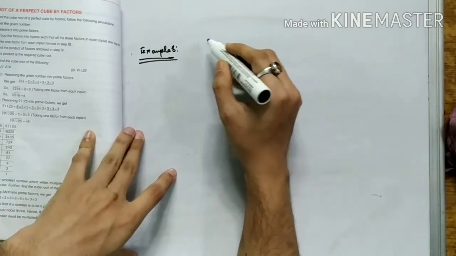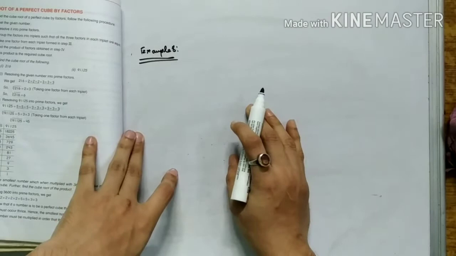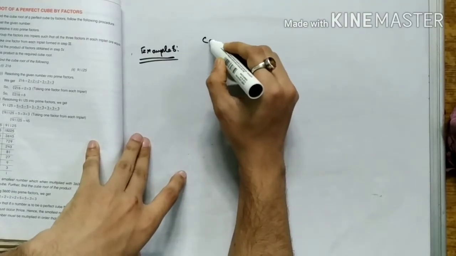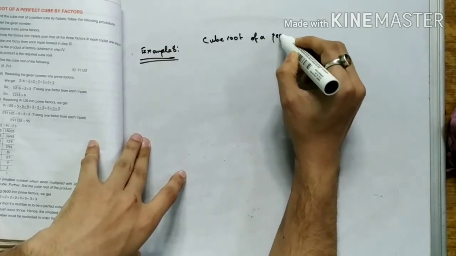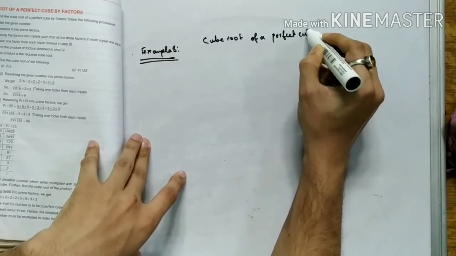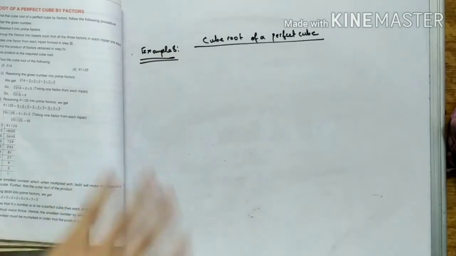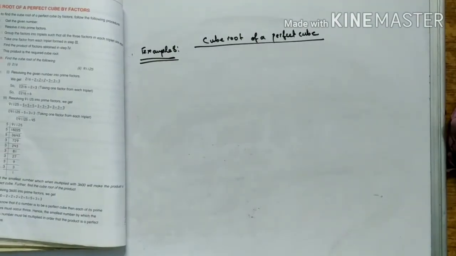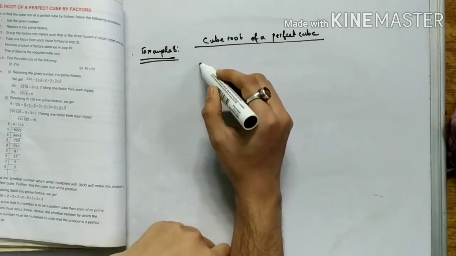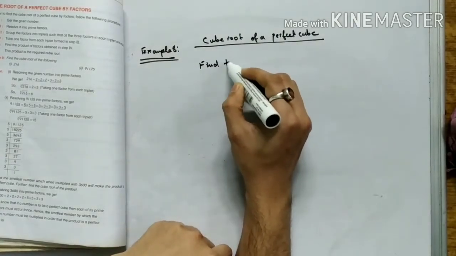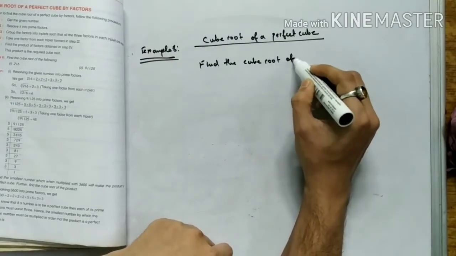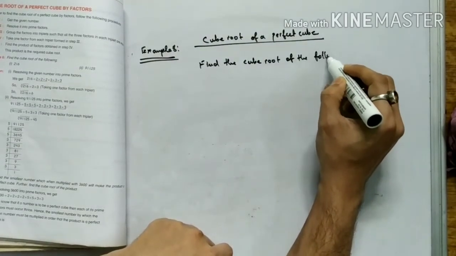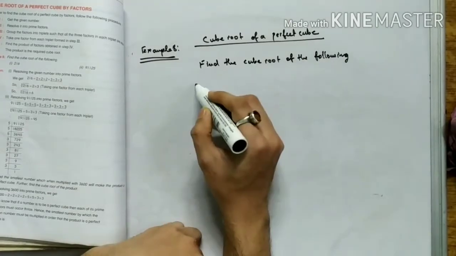In here we are finding the cube root of a perfect cube. So example 8, in here first find the cube root. Find the cube root of the following.